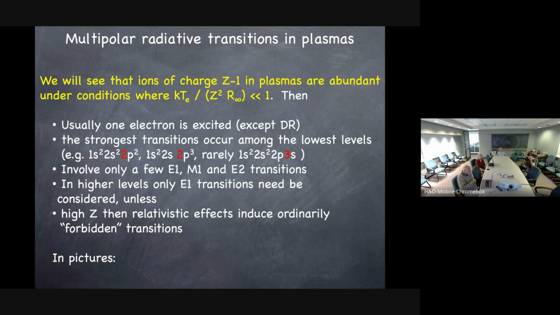Now, one of the really interesting things about the spectra that we see very often in astrophysics is that there's a relationship between the average temperature of the plasma and the ion stage. So how many electrons are removed from the atom in that plasma?